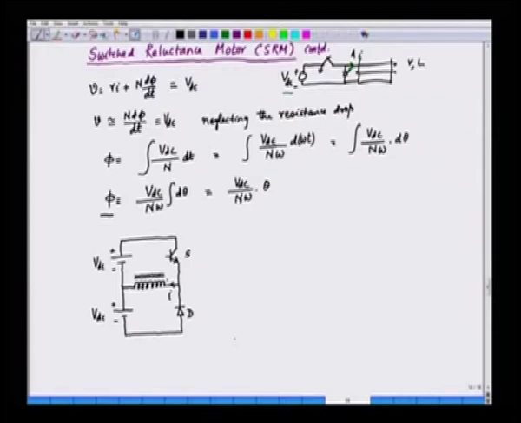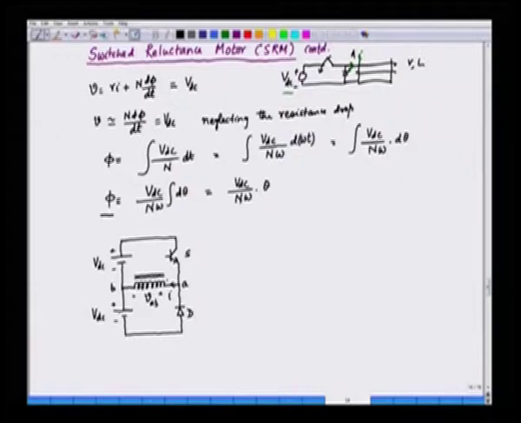So, when we switch on the transistor S, the voltage across the winding is VDC. So, if this is the A terminal and this is the B terminal, we can say that this is the voltage that is applied here, that is VAB in this case is positive.